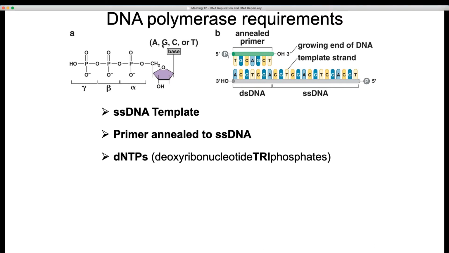So that would be an A, a G, a C, and a T, not a U. It requires a source of information, right? What are going to be the sequences of the nucleotides in this new strand that's being made? Where does that information come from? It comes from the template strand, so one of the two parental strands of the original DNA molecule.